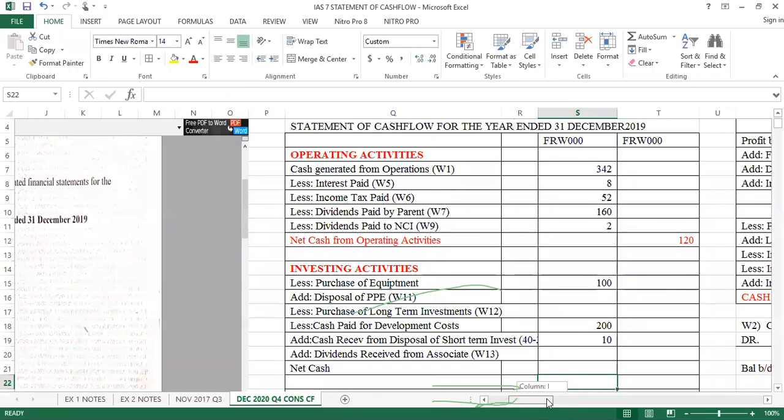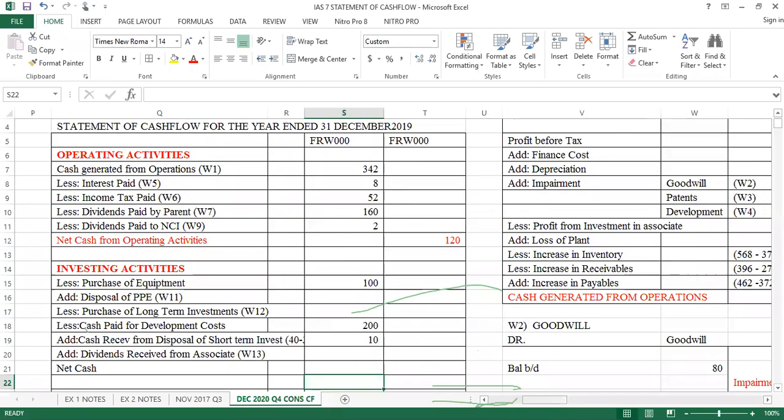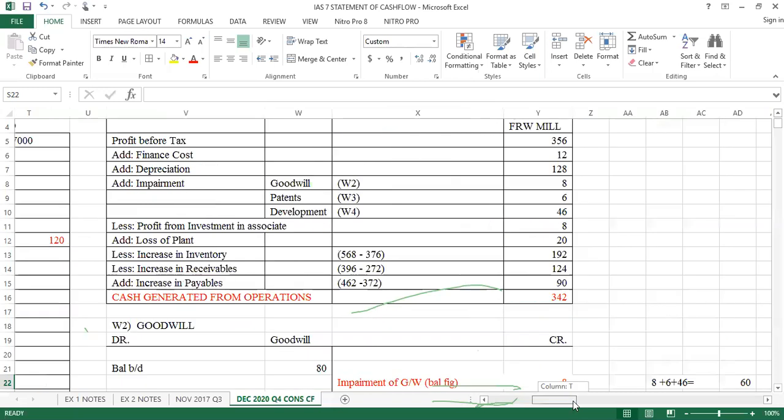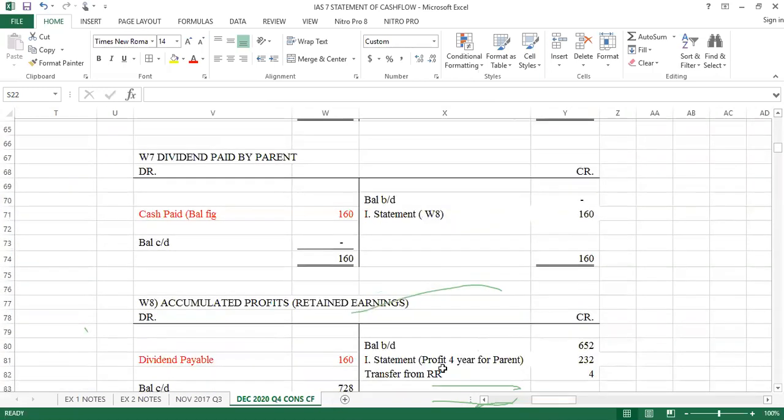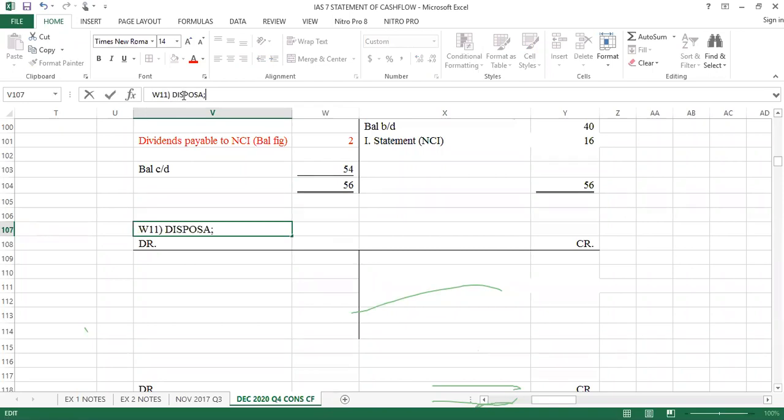Working 11, disposal of PPE, property, plant, and equipment.